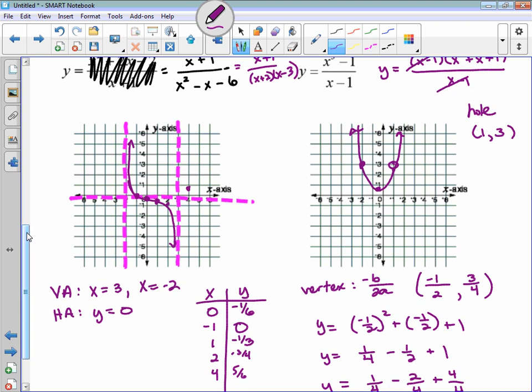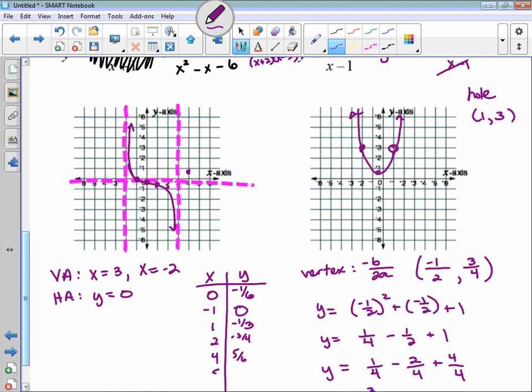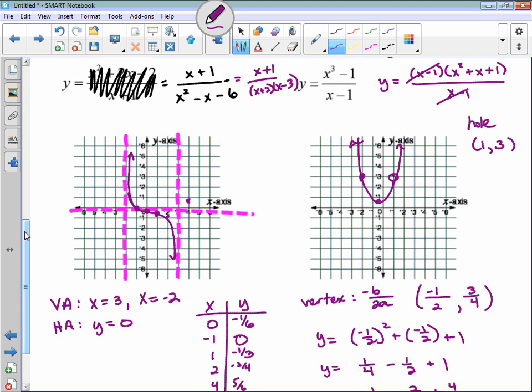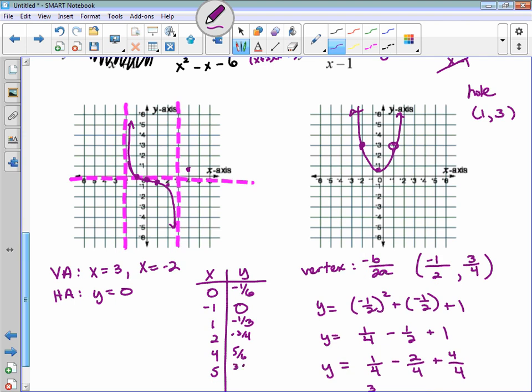Let's plug in a 5 just to see. What do you get when you plug in 5? Three sevenths. Yeah, 6 over 14, 3/7. So that's closer to the x-axis. Do you know what that shape is going to do? Yeah, it's going to follow your asymptotes. We only have those 2 points, but it's enough to draw it.